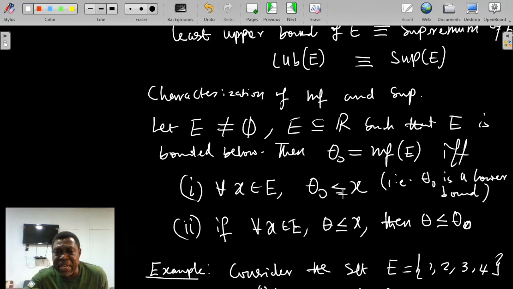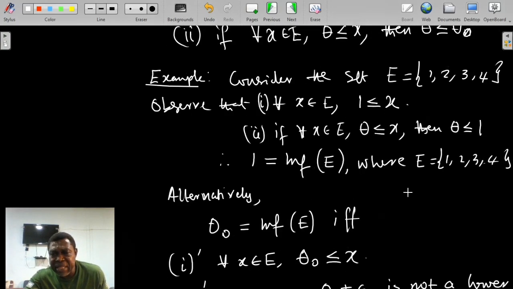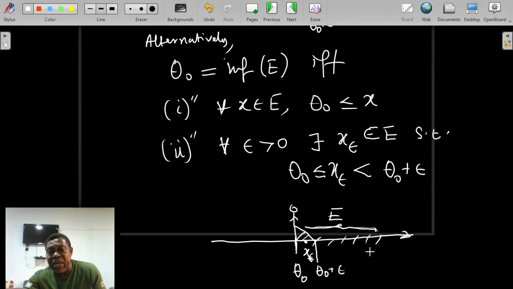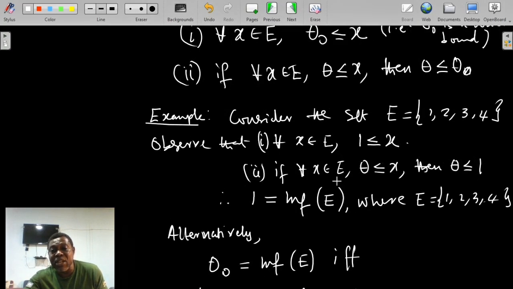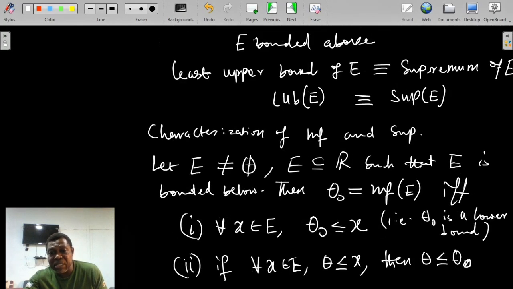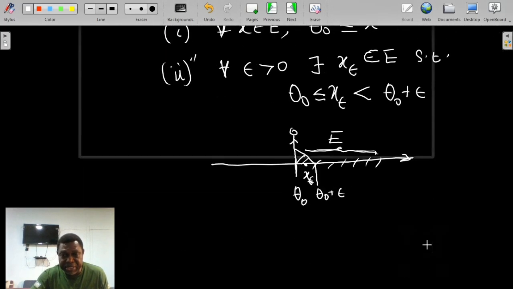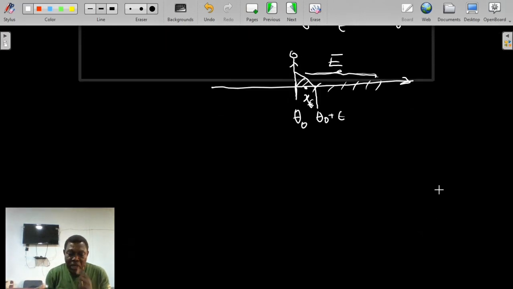I intend to end this lecture with a discussion on infimum, and in a follow-up lecture, I will talk about the concept of supremum and give this kind of elaboration, because the same kind of argument will lead us to various characterizations for the supremum of a subset of R when such exists. Now, to complete today's lecture, let me give some examples.